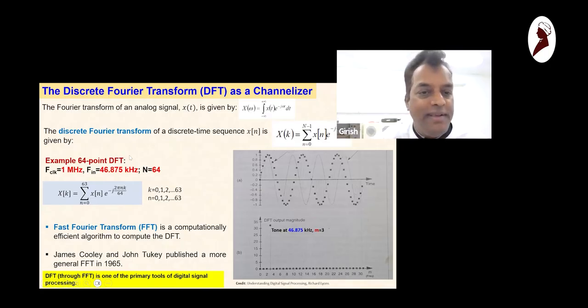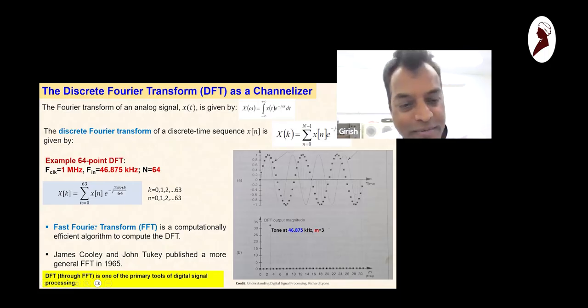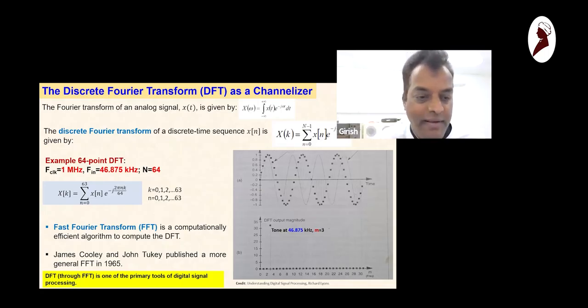Okay. So DFT is an inefficient way of implementing the Fourier transform in a computer. Obviously, I'm sure most of you would have heard about fast Fourier transform, FFT, which is a computationally efficient algorithm to compute DFT. So DFT through FFT is one of the primary tools of digital signal processing.